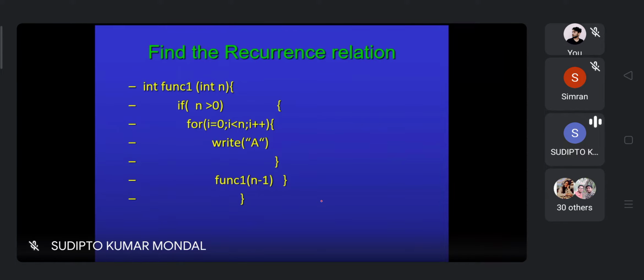I hope that some of you have tried that. The next step is to add them, and from that expression specify the possible recurrence relation.